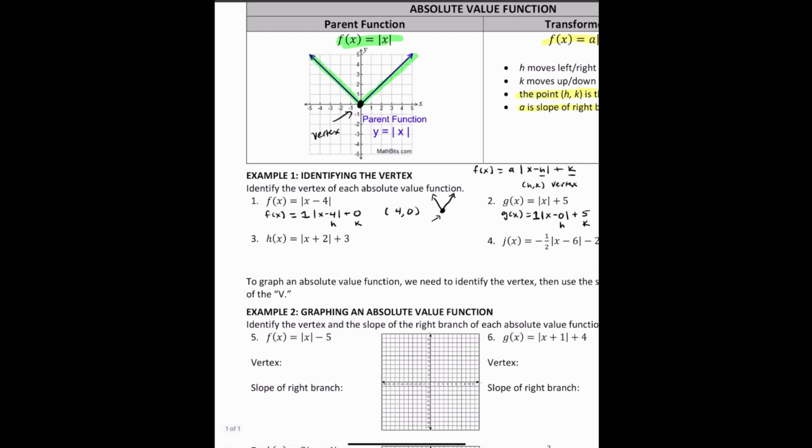Number 3, h of x is equal to the absolute value of x plus 2 plus 3. So I'll rewrite this as h of x equals 1, there's an invisible 1 from the absolute value expression, times the absolute value of x. And look, we have x plus 2, right? But over here, it's x minus h. So how do I make this into this?